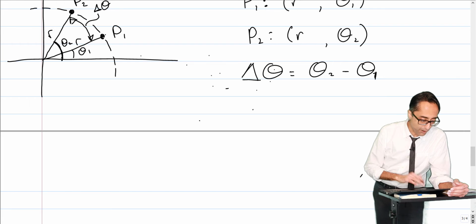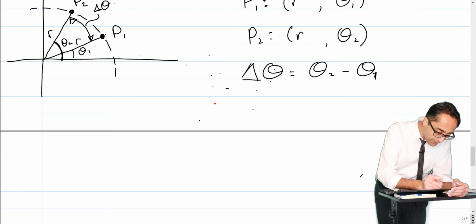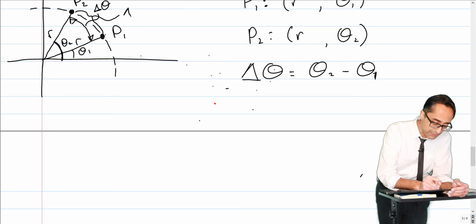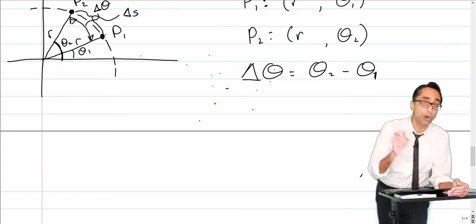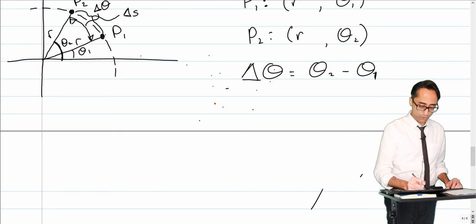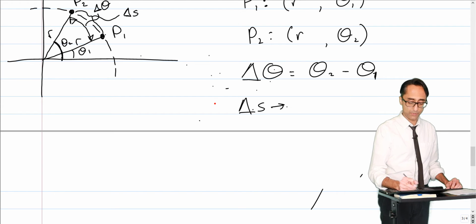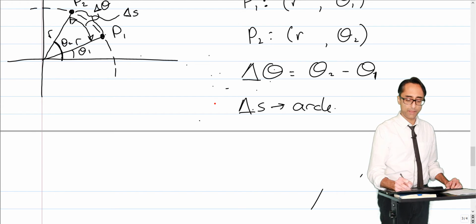If you want to know how far around you went, well, you have circular motion. You're talking about this quantity here. This is known as delta S, and it is called arc length. So when going around a circle, if you want to know how far you went around that circle, we talk about arc length.